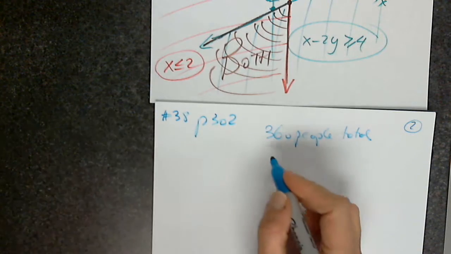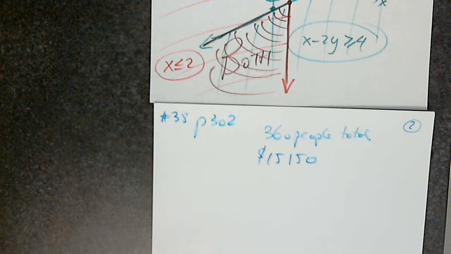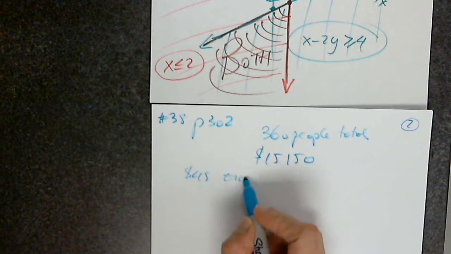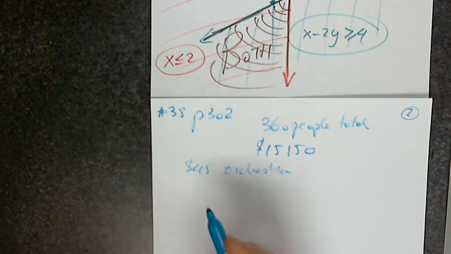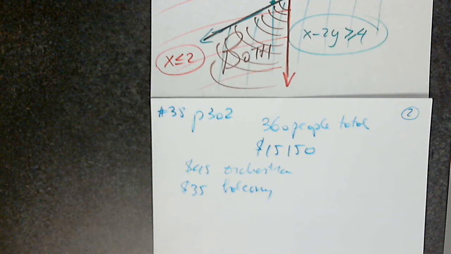They take in $15,150 when every seat is sold. If orchestra section tickets cost $45 and balcony tickets cost $35, find the number of seats in the orchestra section and the number of seats in the balcony. Chapter 4.